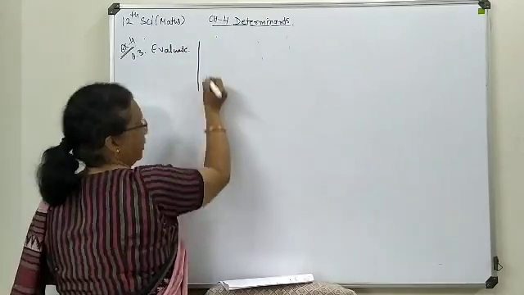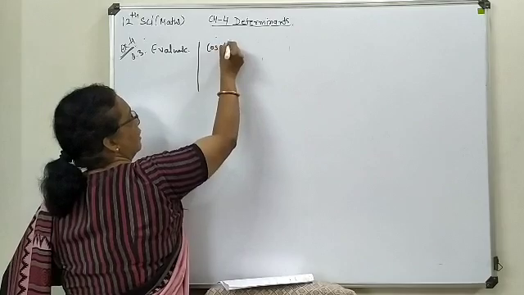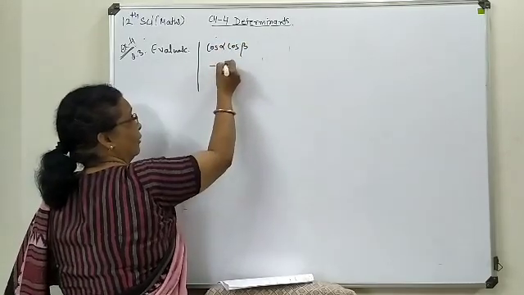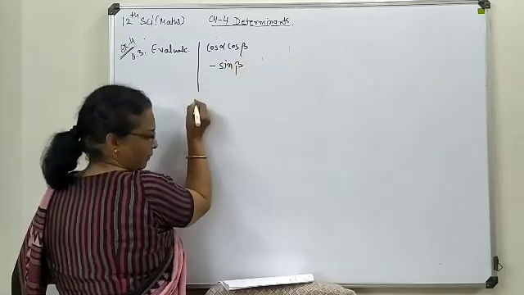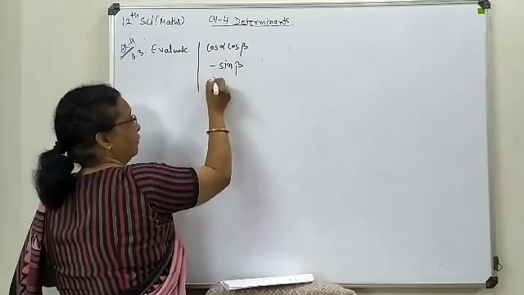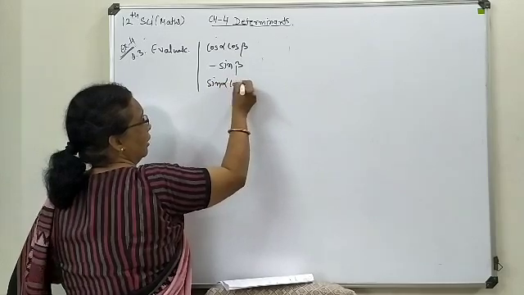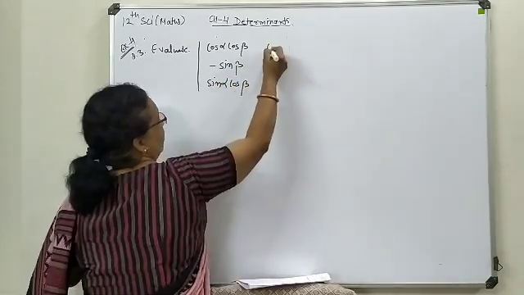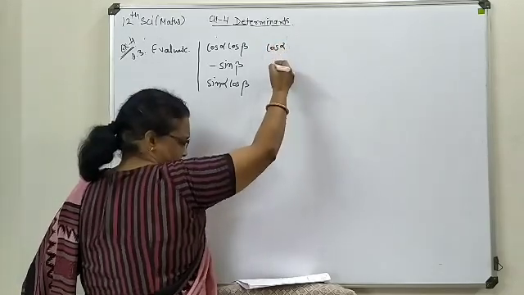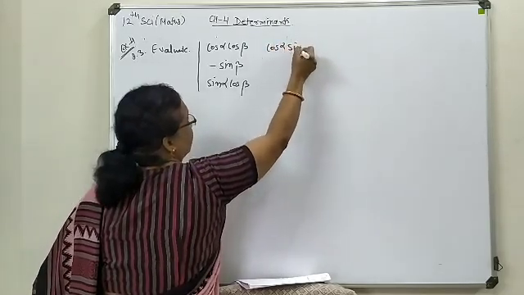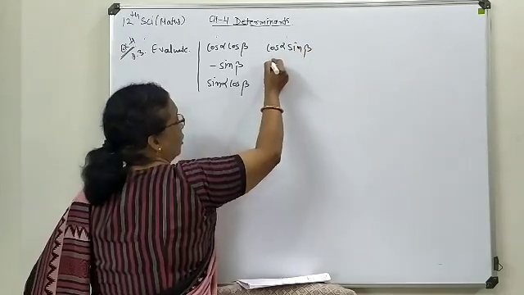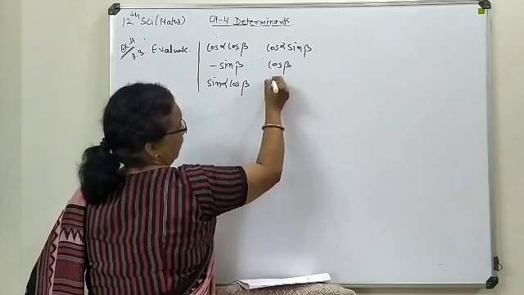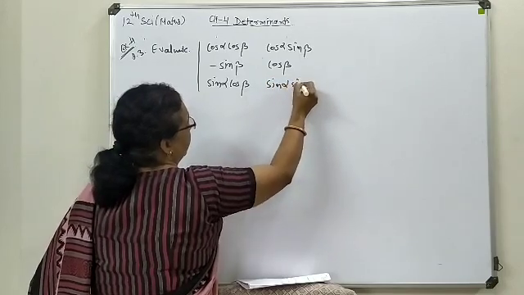Your given determinant is: cos of alpha cos of beta, minus sine of beta, sine of alpha cos of beta. The second column is cos of alpha sine of beta, cos of beta, sine of alpha sine of beta.